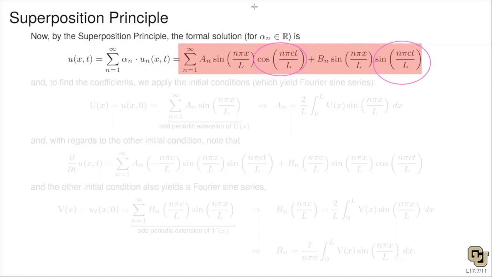We have a decaying exponential term, something like e to the minus lambda sub n kt. And we love this term in the heat equation because it's a decaying term.